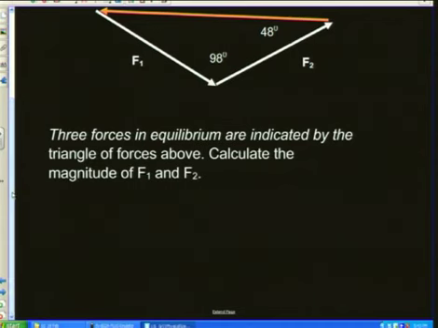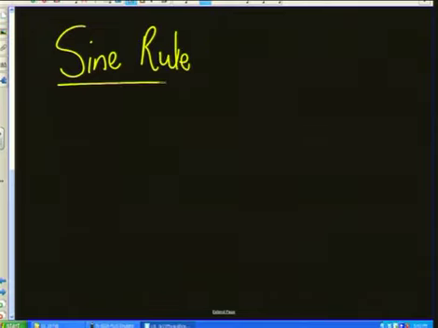Before we answer this question, let me quickly show you something. There is something in mathematics called the sine rule. Now, what does the sine rule say?